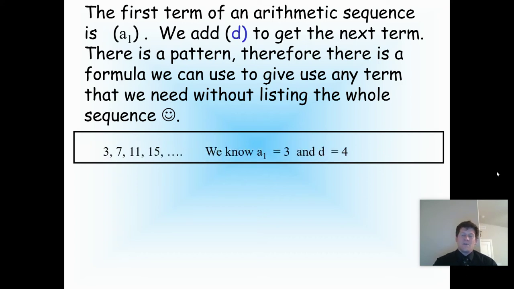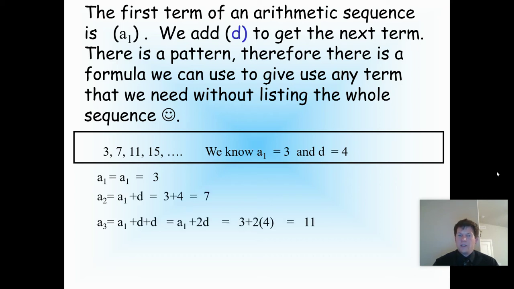Look at this sequence here. We have 3, then 7, 11, then 15. We know the first term right away. It's 3. And then hopefully you can tell what the common difference is by looking at what changes every single time. I'm adding 4 every time. So my common difference is 4. Using those and coming up with a pattern, I notice it's 3, then 3 plus 4, then 3 plus 4 plus 4, then 3 plus 4 plus 4 plus 4.